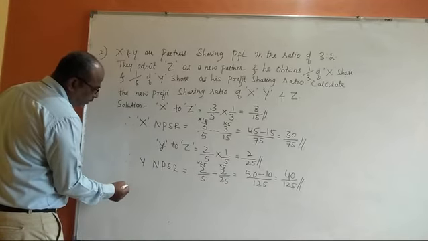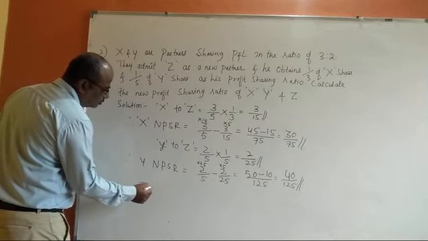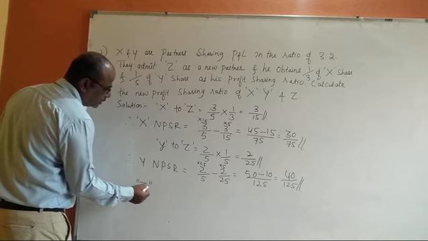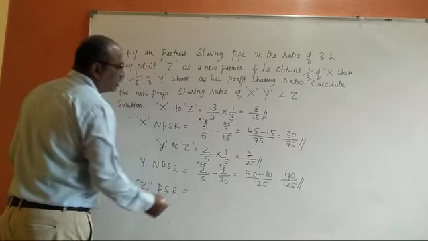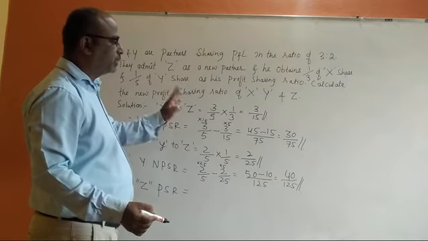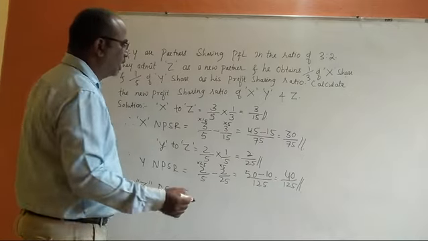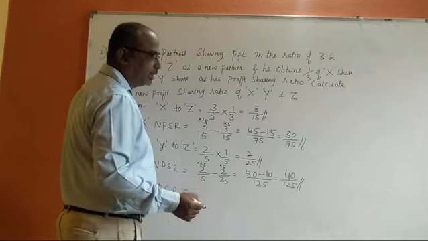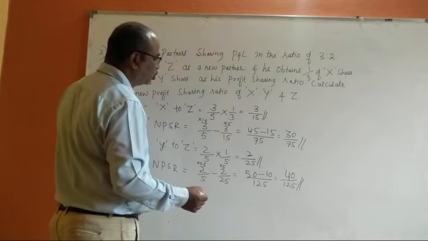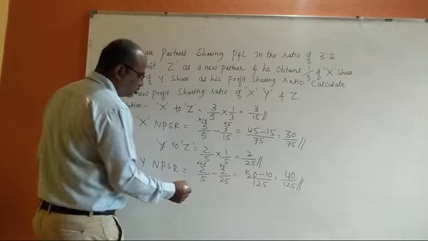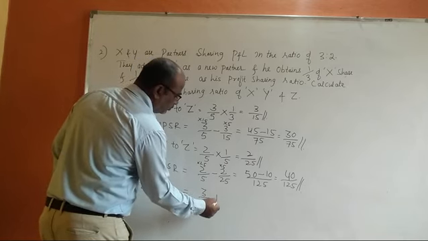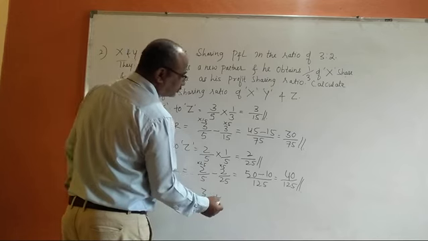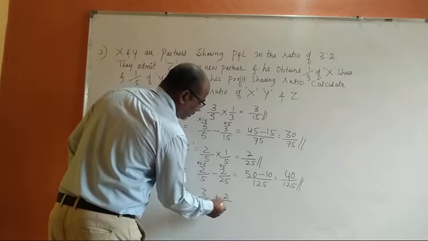Now let us calculate Z's profit sharing ratio. Z's profit sharing ratio equals the ratio sacrificed by X plus the ratio sacrificed by Y. Together they will make Z's new profit sharing ratio. So X has sacrificed 3/15 and Y 2/25.